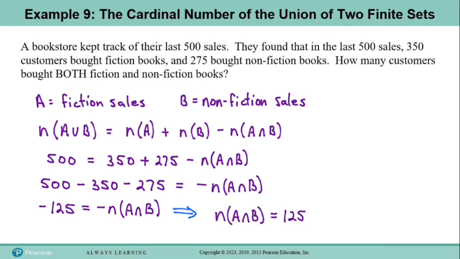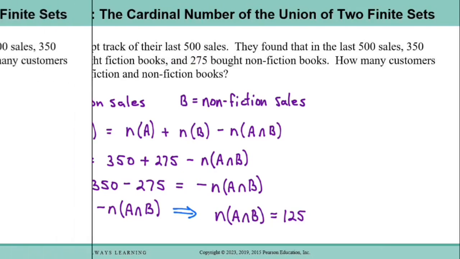So the number of elements in A intersect B is 125. So check it out. If you take your 350 fiction sales plus your 275 nonfiction sales, that's a total of 625. Now, if 125 of those were customers who bought both fiction and nonfiction, so you subtract out the 125, 625 minus 125 gives you a total of 500 sales, so that's correct.